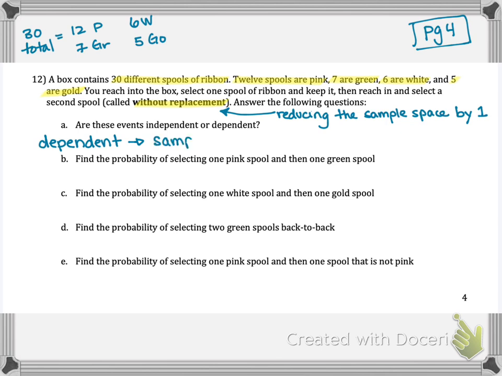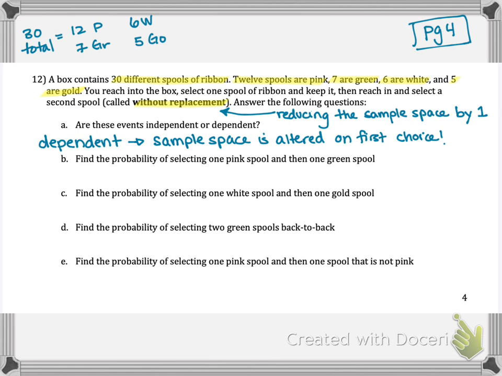The sample space is altered on the first choice. Okay, so we need to be crystal clear that these are dependent because the sample space is not the same each time I reach my hand into the box.